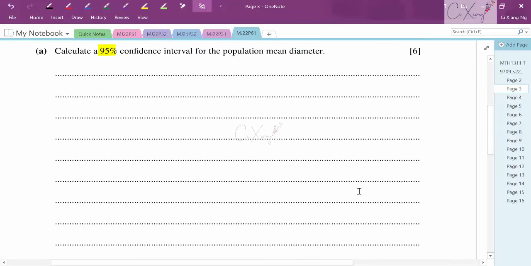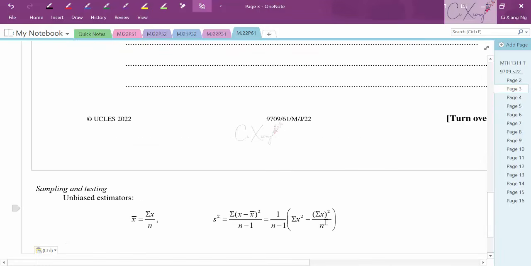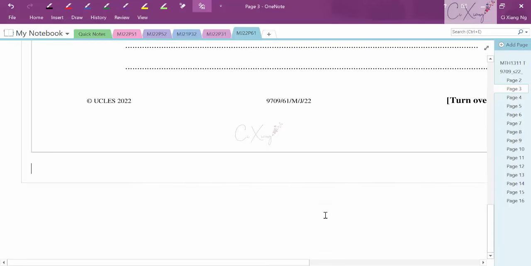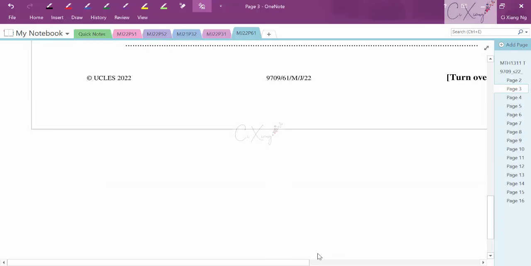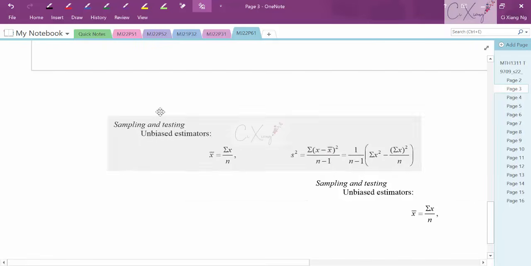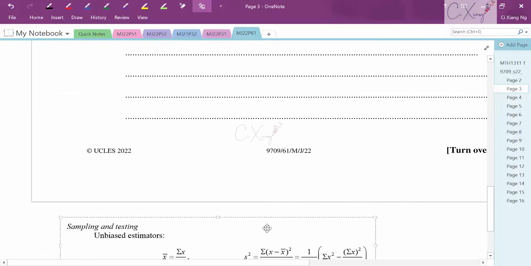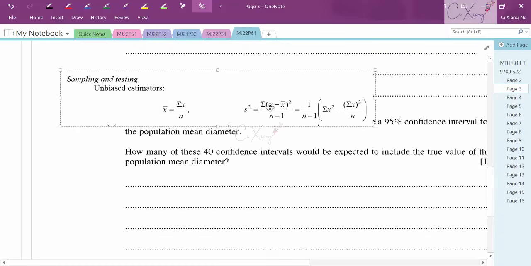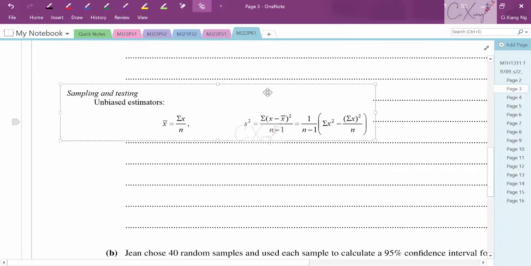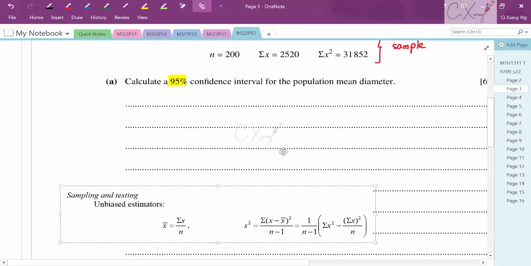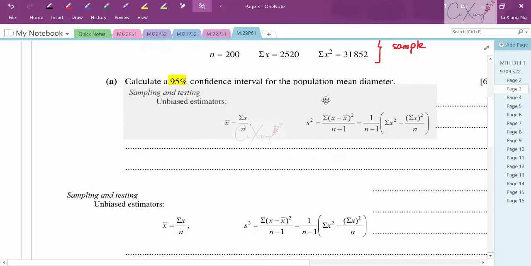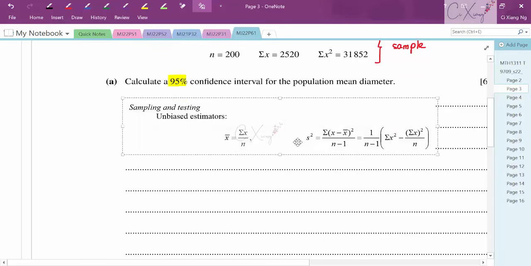So what's the formula that we can apply for this? You can get this formula from the formula booklet, MF19. Let me bring it up so that you can refer to it. To get the unbiased estimates for the population mean, generally this is the formula we apply.